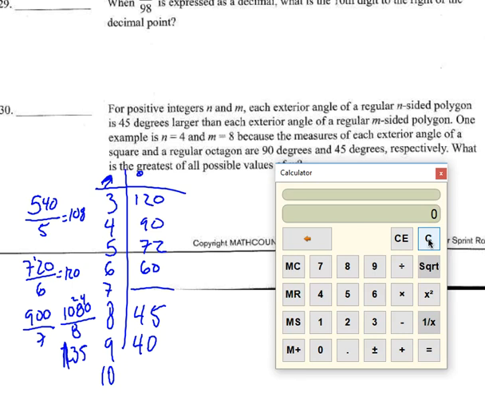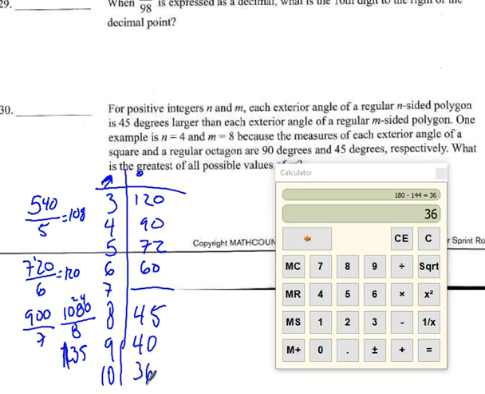So that's going to be 8 times 180, divided by 10. So 180 minus 144. I get 36.